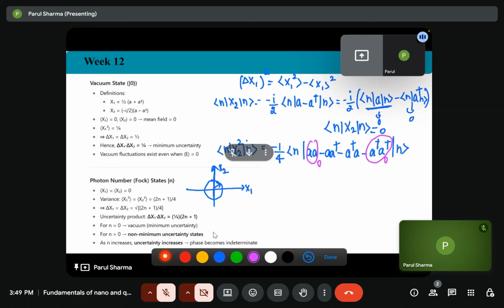So we are left with minus 1 by 4. We can take out the common minus sign outside, then it will be plus n plus n.